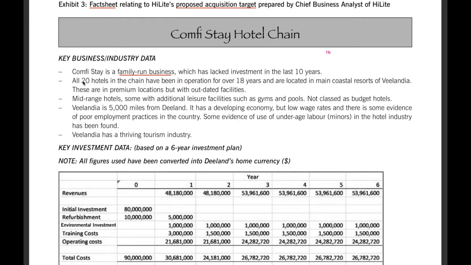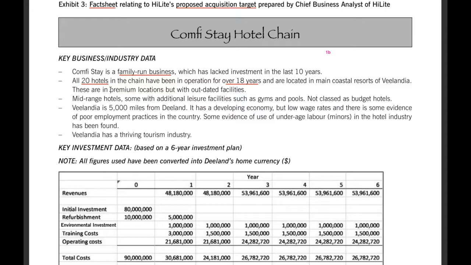Okay, they have been in operation for, they got 20 hotels over 18 years. But remember, Highlight is actually longer, since they have been in operation for 40 years, right? From the first page that you actually went through just now. So remember, you are supposed to be doing the evaluation.